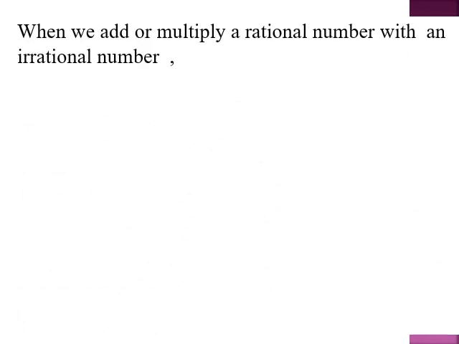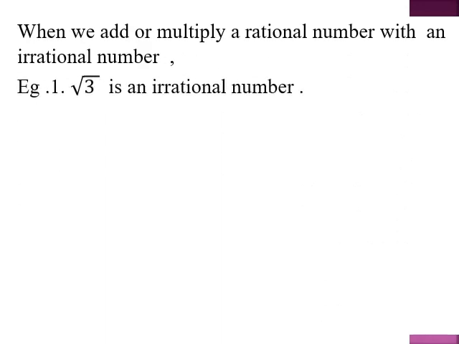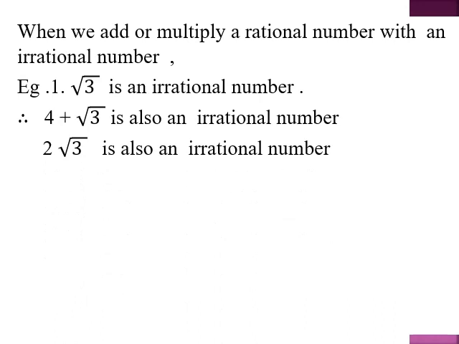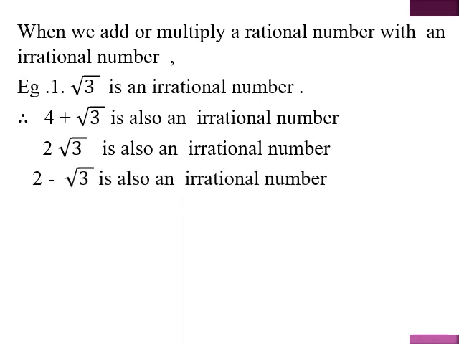When we add or multiply a rational number with an irrational number, let's see what happens. Root 3 is an irrational number. If you add 4 to root 3, it again becomes an irrational number. If you multiply an irrational number by a rational number, here we will multiply by 2, again it is an irrational number.